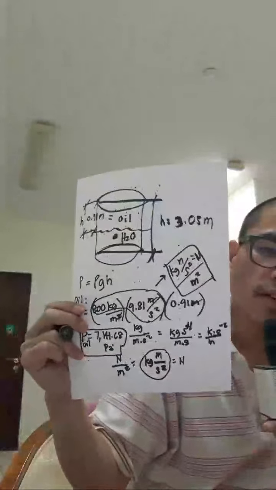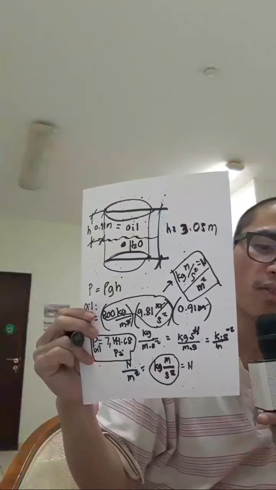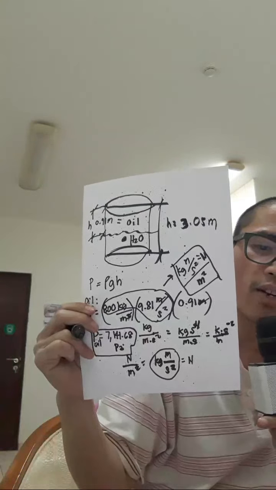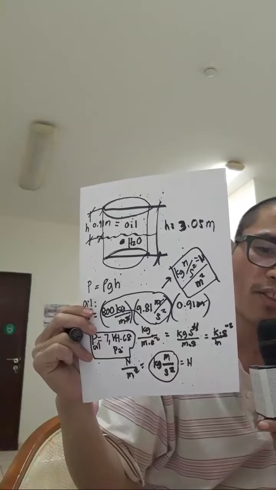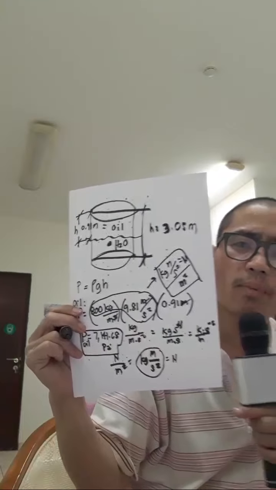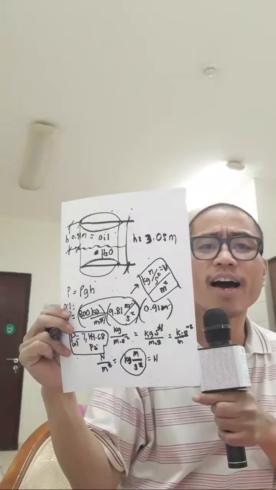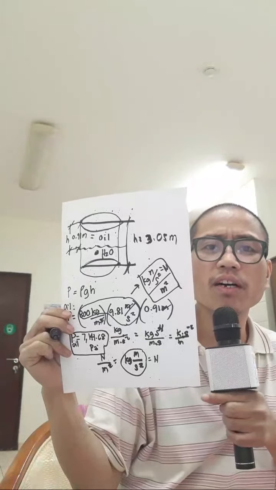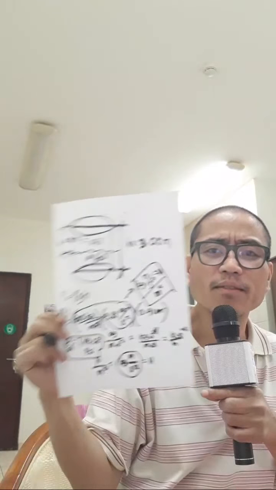So like that. Here class, since the tank depth is 3.05 meters and we have a given 0.91 meter of the height of the oil from the top, we will automatically subtract it to get the height of the water. Basic mathematics.